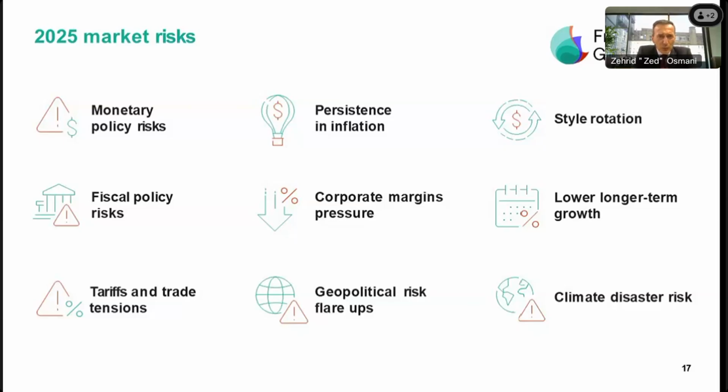The persistence in inflation is an important one. Our view is that tariffs do lead to more sustained inflation, which again holds back some of the central banks from cutting rates more aggressively, and that creates that risk.